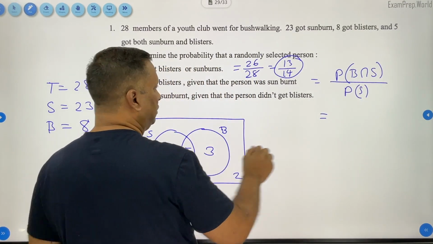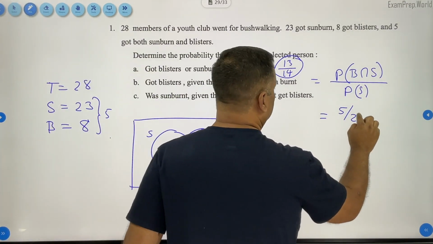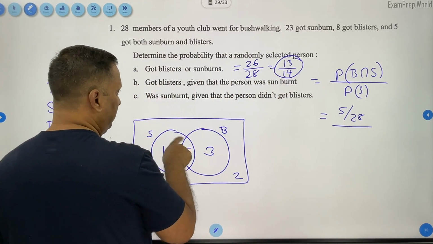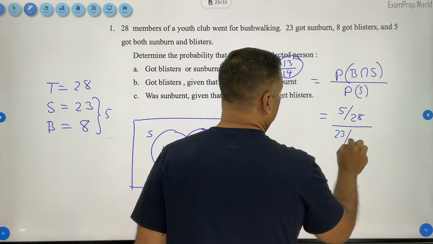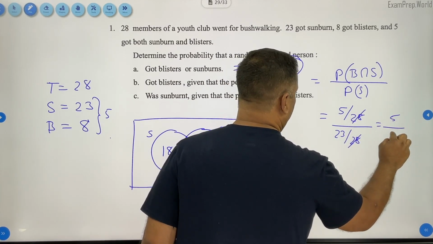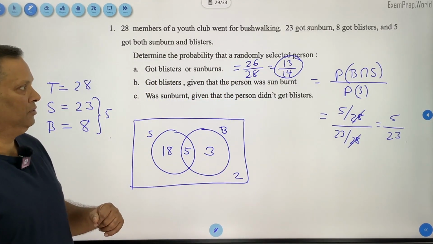P intersection S is 5. Total is 28, divided by sunburn 23 on 28. Cancel 28, 28. You are left with 5 upon 23. So that's your conditional probability answer.